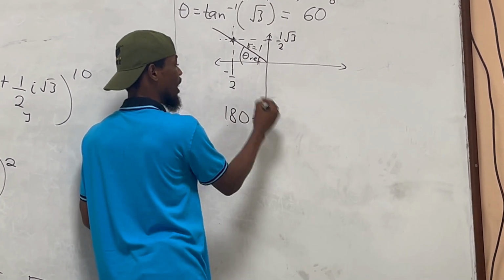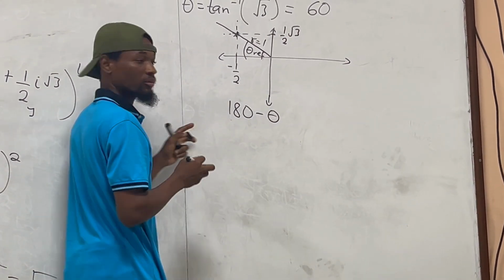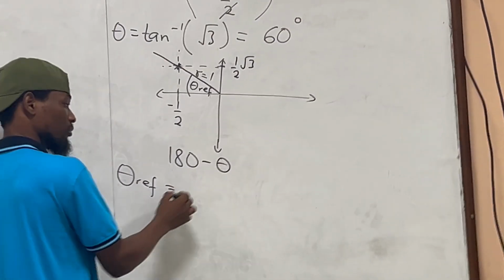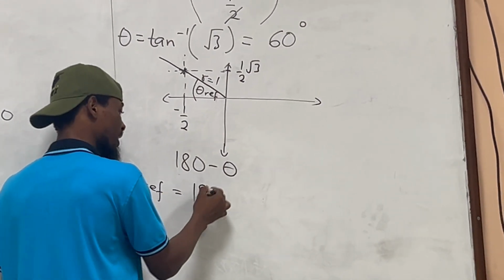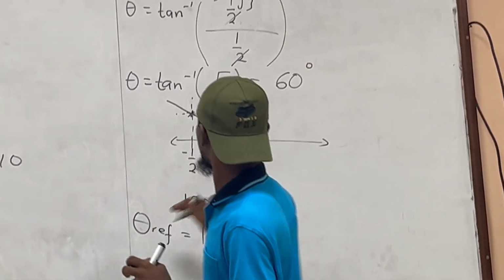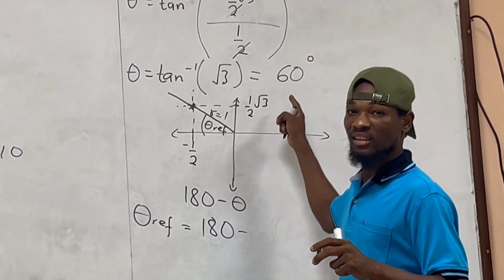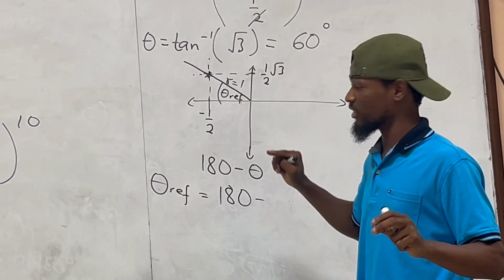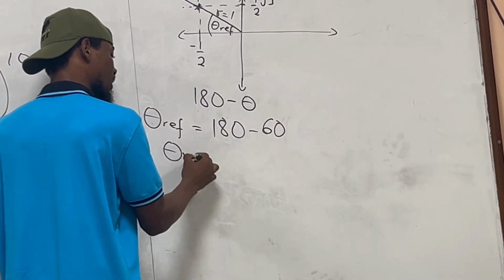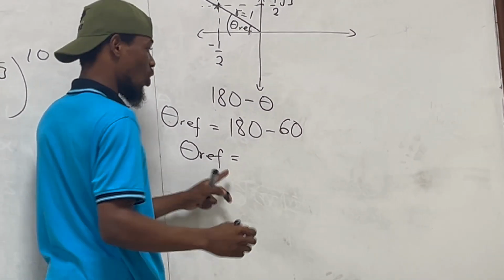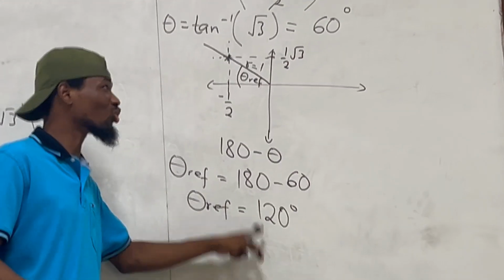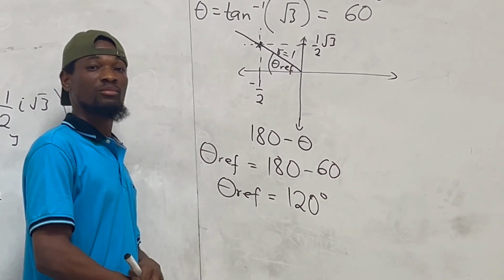So our angle becomes 180 minus the angle we had, which is 60 degrees. 60 degrees is not the true angle. So my angle now is equal to 120 degrees. I can use this angle, not my 60 degrees.